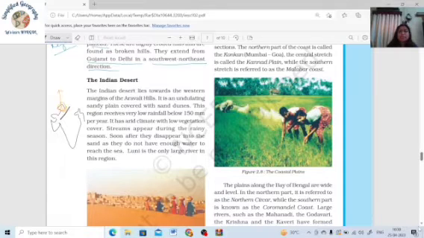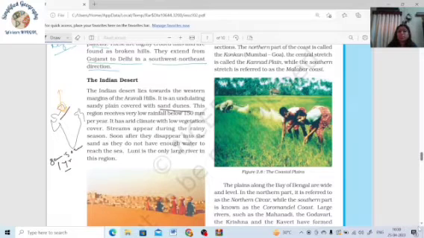It is an undulating sandy plain covered with sand dunes. This region receives very low rainfall, 8 centimeters to 50 centimeters per year. It has an arid climate with low vegetation cover.